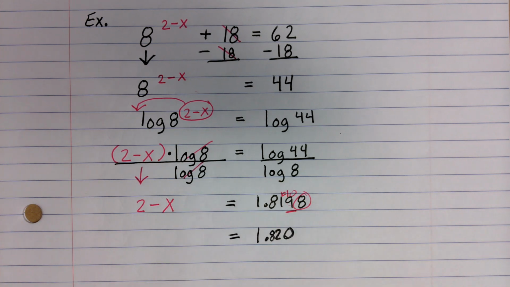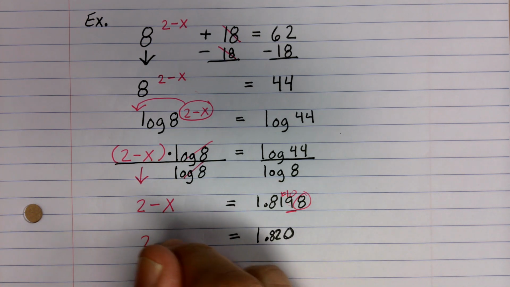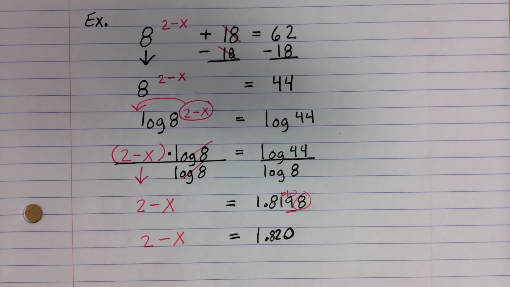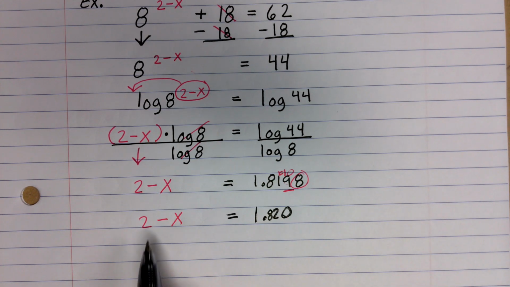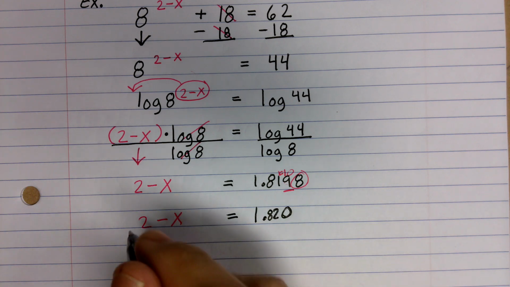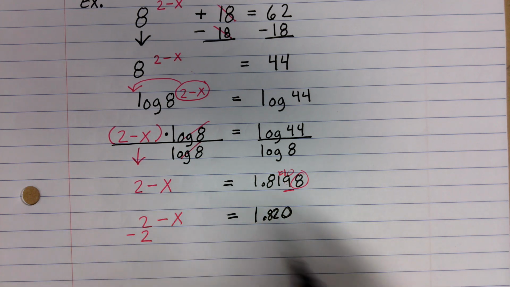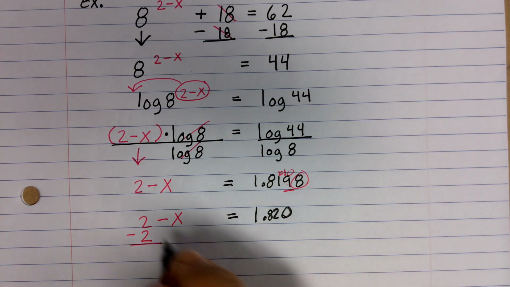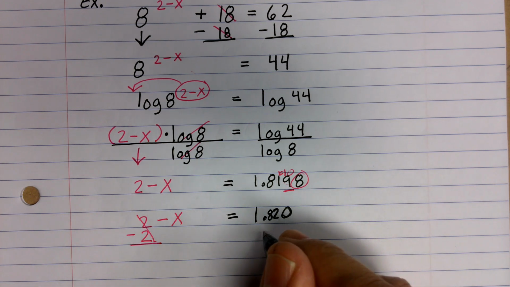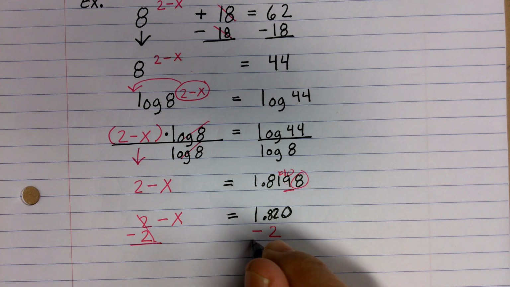I'm going to bring down my equal sign, and continue to bring down this 2 minus x. But we're not finished yet because we want to isolate x and get it by itself. So the first thing I'm going to do is move this 2 over to the right hand side using inverse operations. That's a positive 2, so I'm going to subtract it so they cancel. And I'm also going to subtract 2 from the right side of the equation.